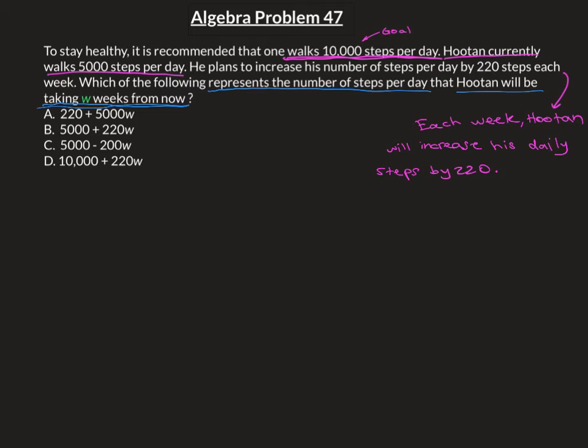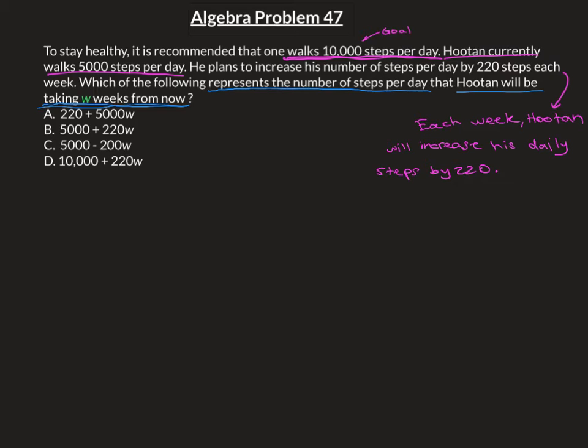So make sure that your equation and your steps to solving will always have a variable in it. In this scenario, we're not actually solving. We're just given different equations and asked which is the right one. So you've got 220 plus 5,000W, 5,000 plus 220W, 5,000 minus 200W, and 10,000 plus 220W.